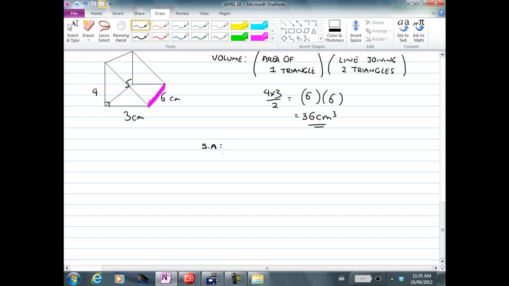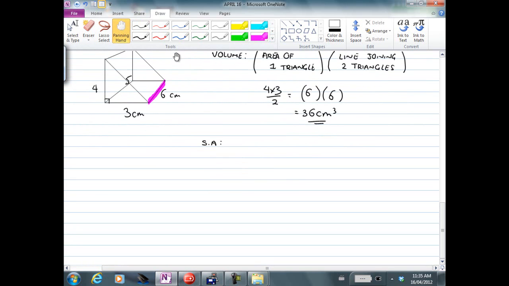Manraj, how many sides does a triangular prism have? 5. Amrit? 5. There are 5 sides. So a triangular prism has 5 sides. Let's look at it right now. Would you agree there are 2 triangles? Okay. And there are 3 rectangles.